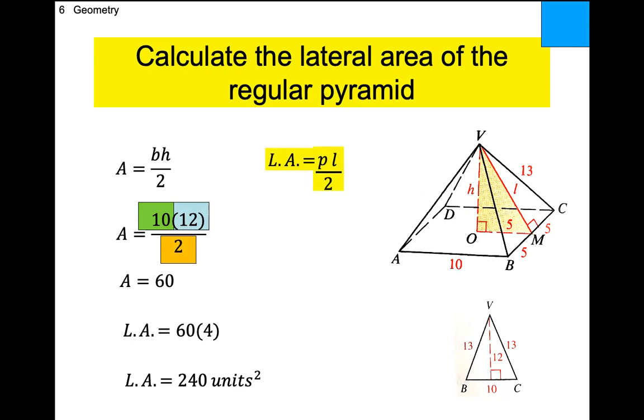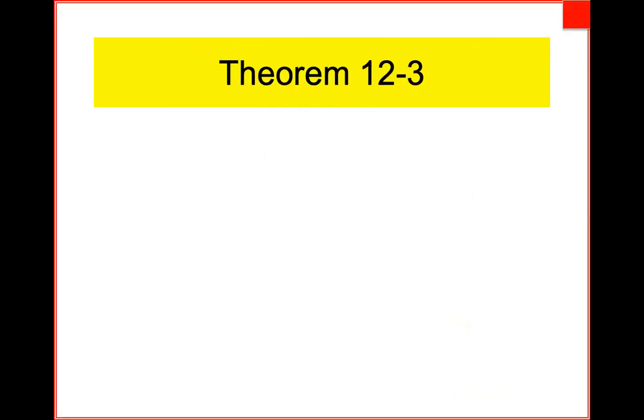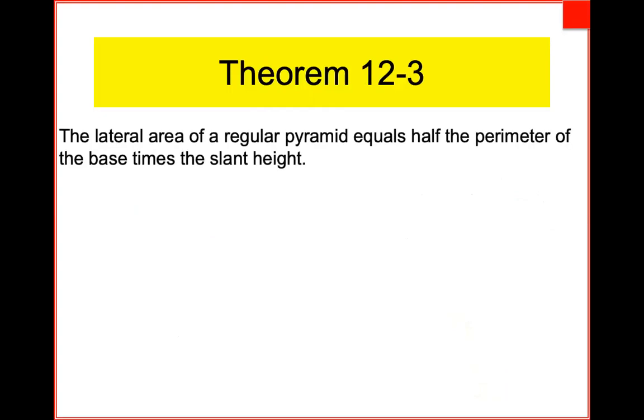This is why we don't give it to 8th graders. We save it for sophomore year of high school. So let's write this down. This is actually 12.3. And by the way, what I just did there was a proof. 12.3 simply says that the lateral area is equal to the perimeter of the base times the slant height divided by 2.